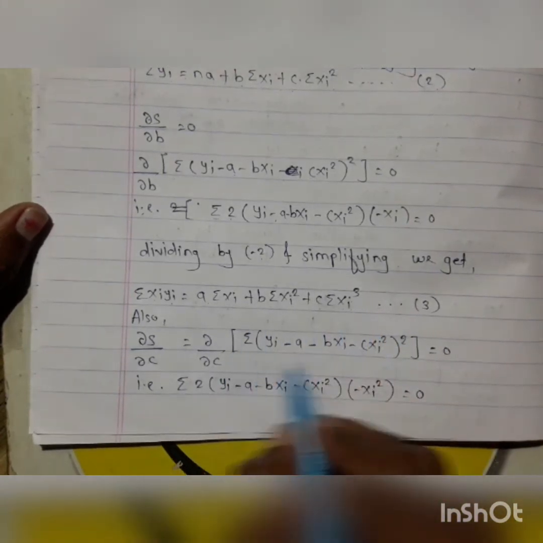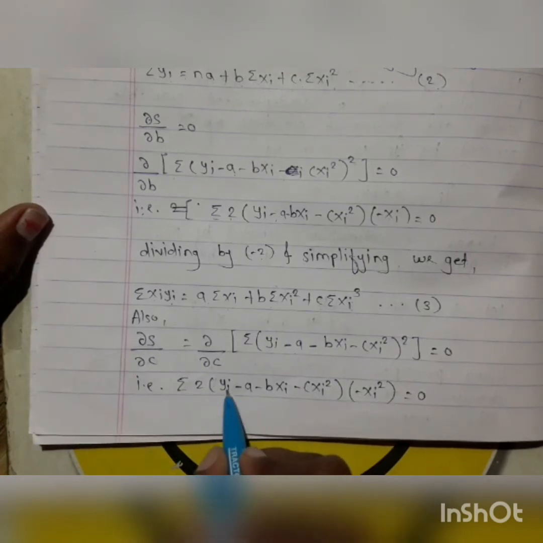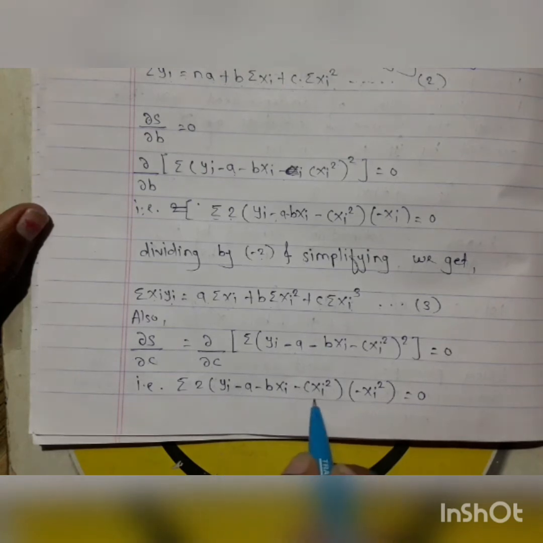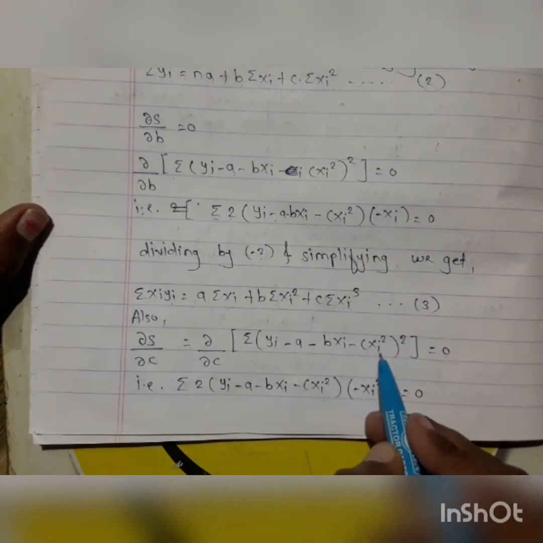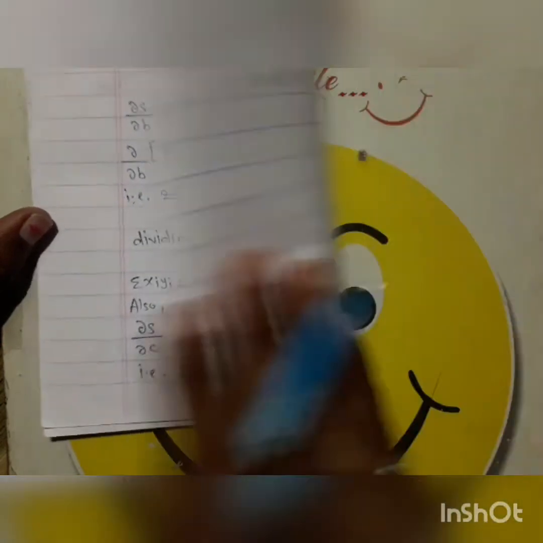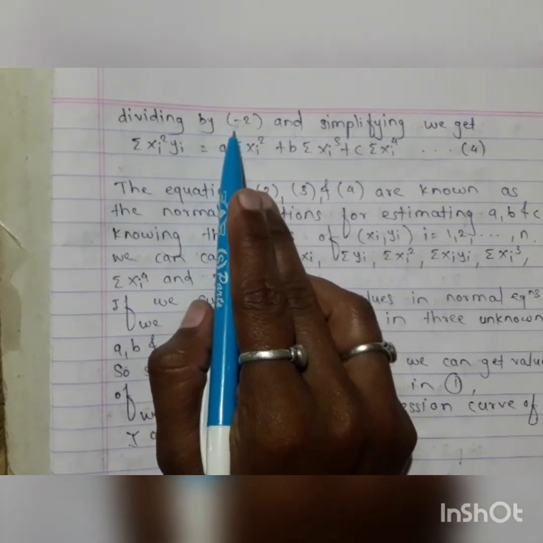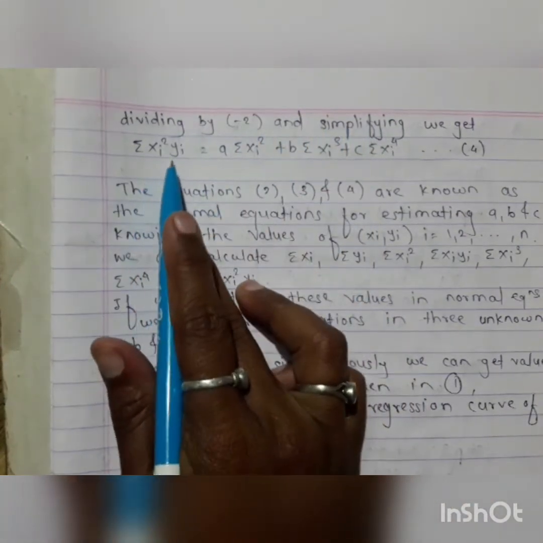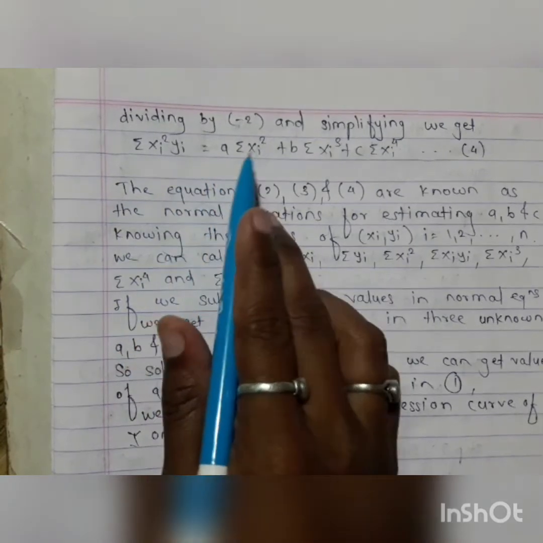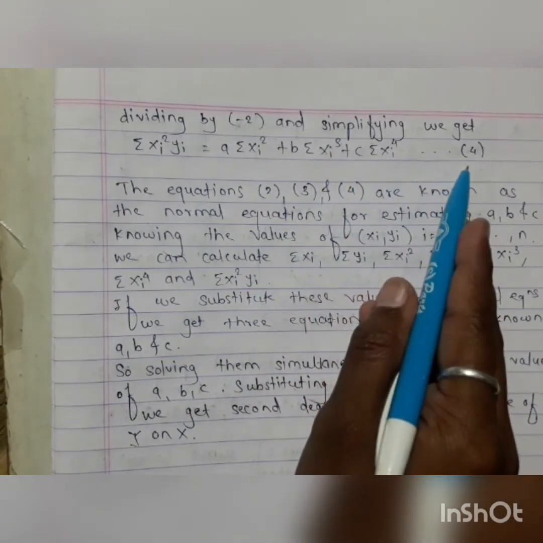After differentiating with respect to c, we get summation 2 into (yi minus a minus bxi minus cxi square), and differentiation of minus cxi square is minus xi square, equal to 0. Then dividing by minus 2 and simplifying, we get summation xi square yi is equal to a into summation xi square plus b summation xi cube plus c summation xi raised to 4. This is equation number 4.